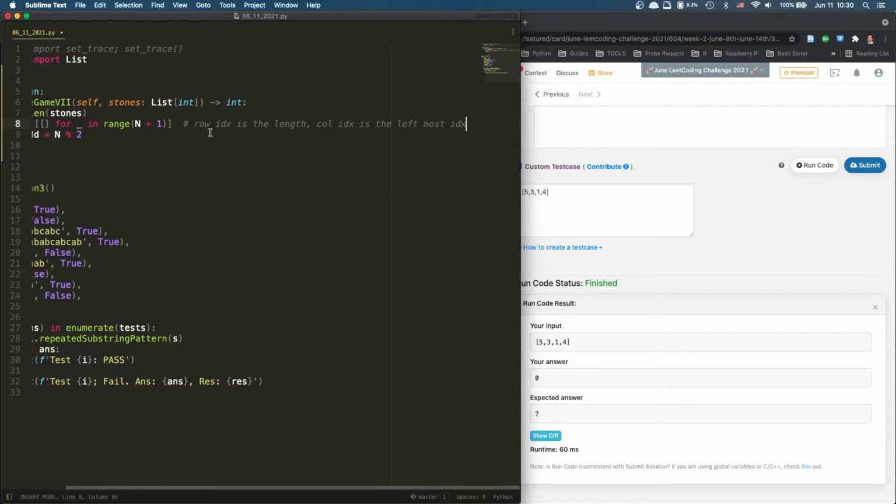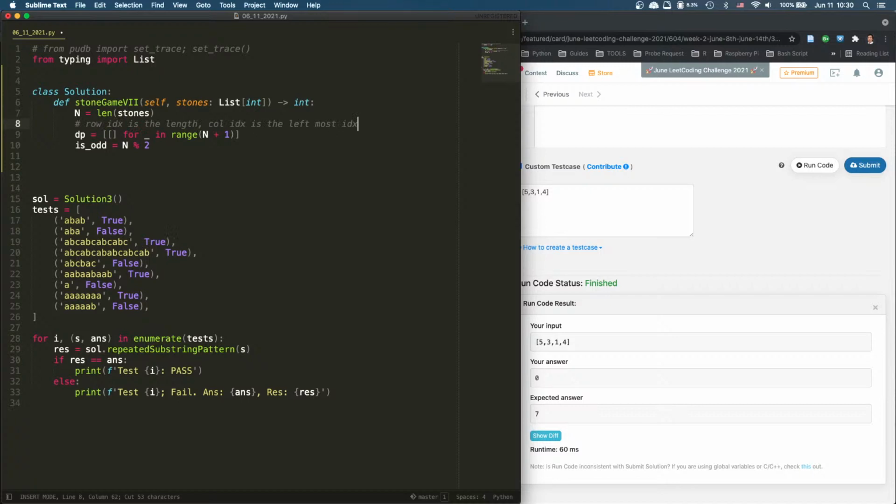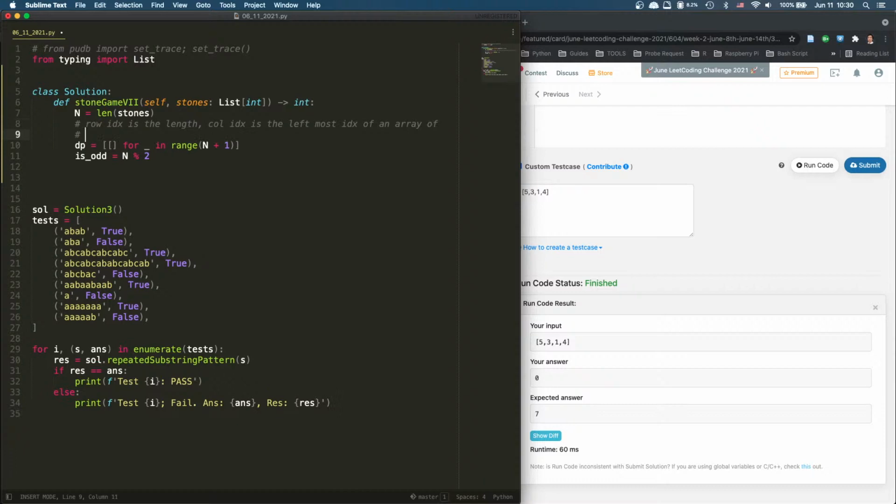Oh my god, I don't even understand what I'm trying to say. All right, so the column index is the leftmost index of an array of stones that has length of the row index. Hopefully it makes sense.